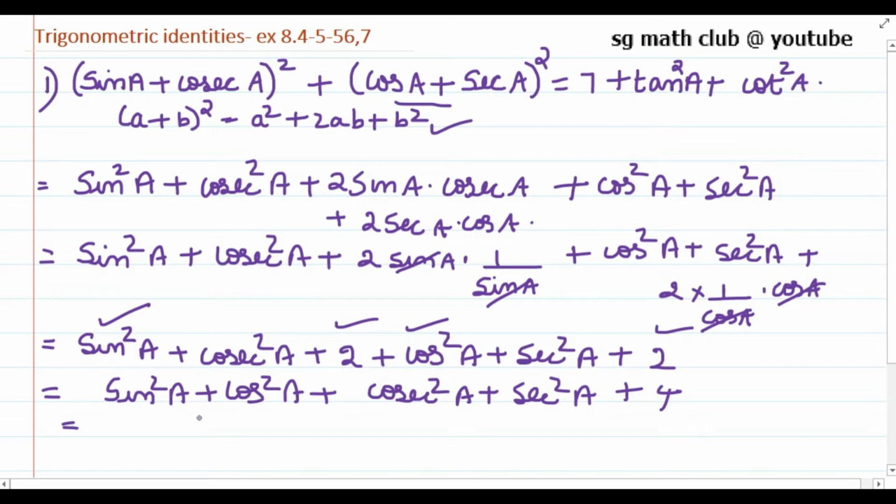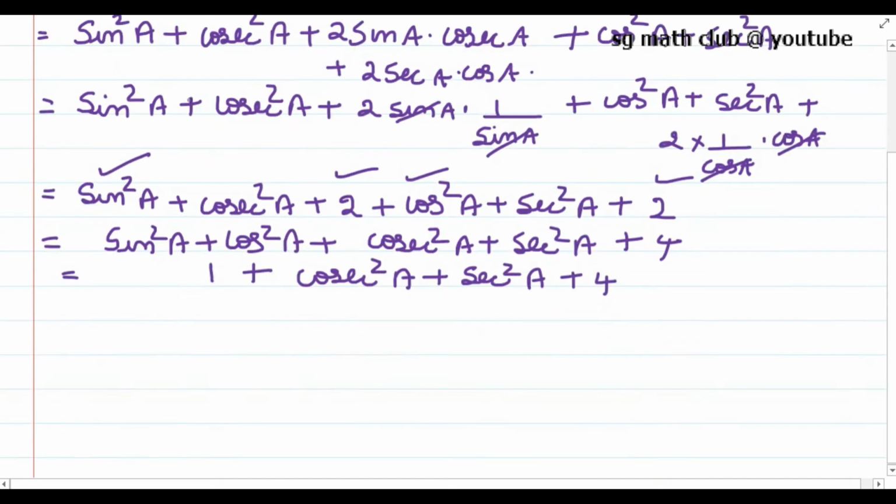Now we know sin square A plus cos square A is 1. So 1 plus cosec square A plus sec square A plus 4, which is equal to 1 plus 4 is 5. This cosec square A I can write as 1 plus cot square A, and sec square A I can write as 1 plus tan square A.